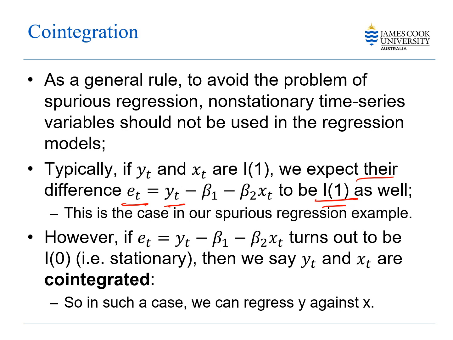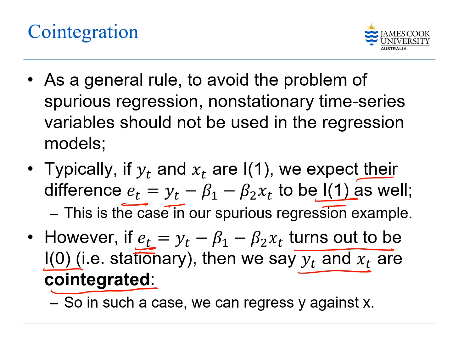And this is the case in our previous spurious regression examples. However, there's one exception. If this difference et turns out to be I(0), stationary, then we say that yt and xt are co-integrated. In such cases, we can regress y against x. Actually, the estimator would be called super consistent. We can show that it converges to the true value faster than otherwise.